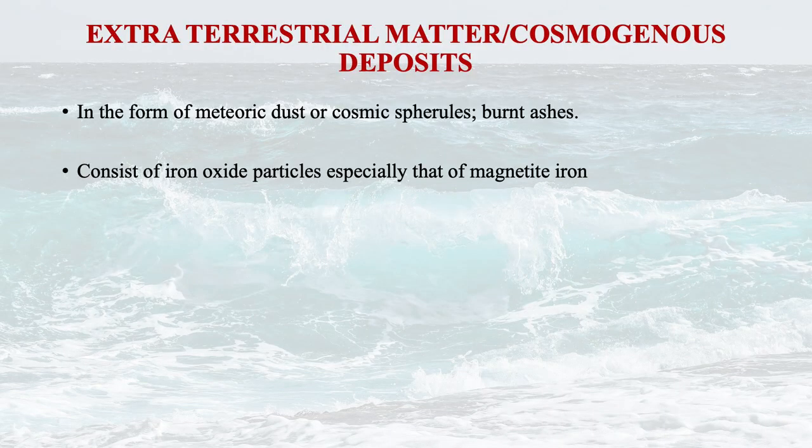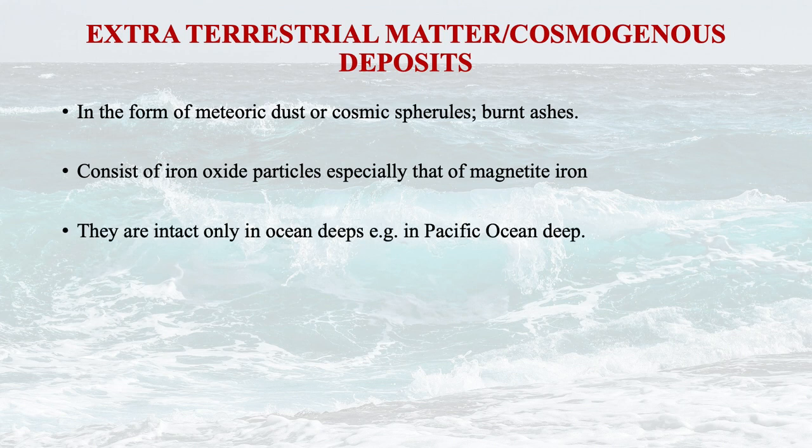And these predominantly contain iron oxide particles, especially magnetite, and they are intact only in the deep oceans. Otherwise they are mixed with other sediments and are not easily distinguished. In the deep ocean, especially in the Pacific oceanic deeps, they are found.